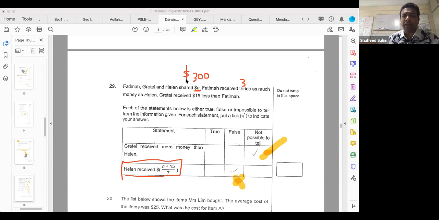We can draw. Okay, can I draw? Watch, I draw. Now, Helen, can I put 1 square?